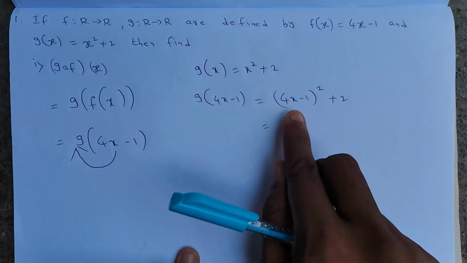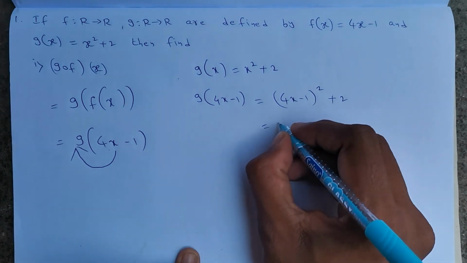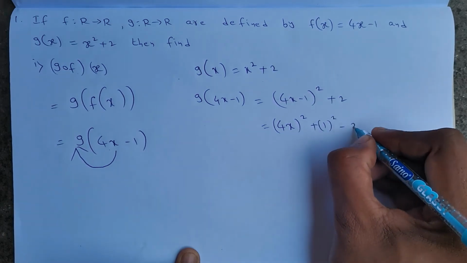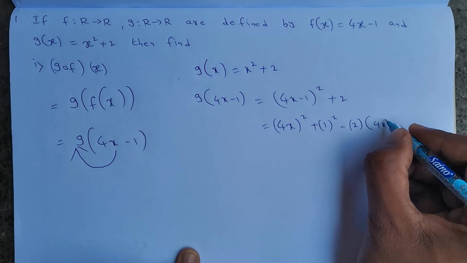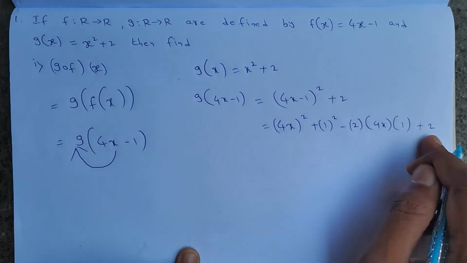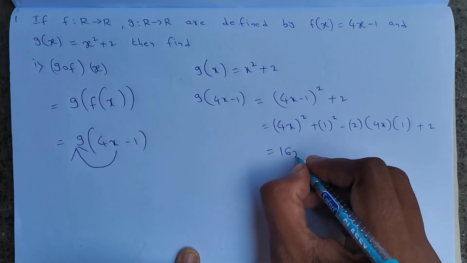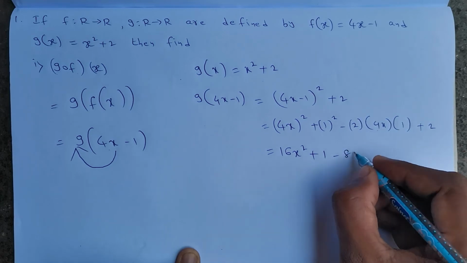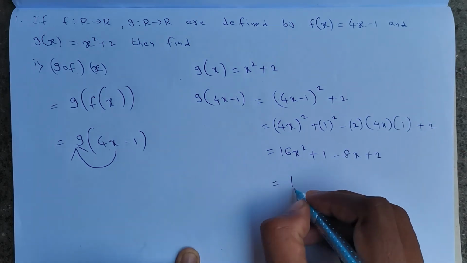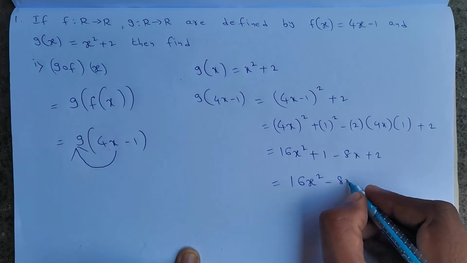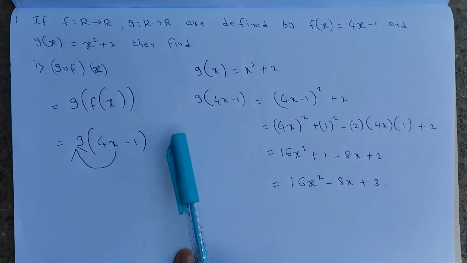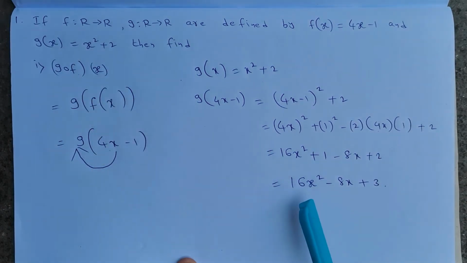If we expand it, this is in the form (a - b)², which is equal to a² + b² - 2ab. So (4x)² is 16x², plus 1² is 1, minus 2 into 4 into 1 is 8x, plus 2, which is equal to 16x² - 8x + 1 + 2 = 3. So the g(f(x)) value is 16x² - 8x + 3.